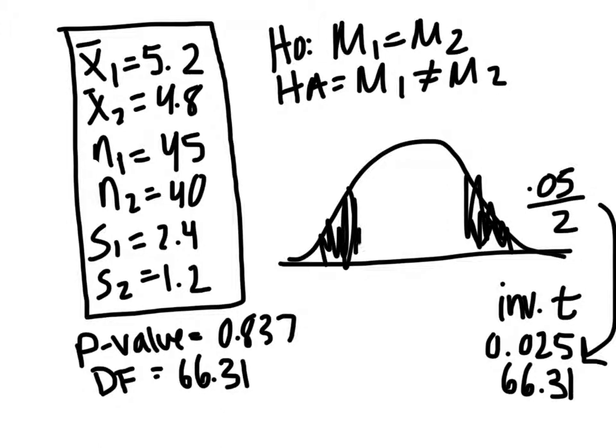So you can plug that in, 0.025 and 66.31, and you can find that it's going to come out to about 1.996. And this is negative because it's on the left, so negative 1.996. So there you have your curve. So now we have our next part, which is actually filling into the equation and seeing if it's greater than or less than mu1 equals mu2.